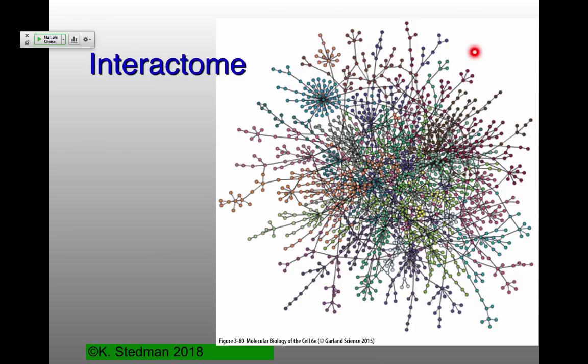But basically, any one of the dots here represents a single protein, and any line represents that it's attached to or interacting with another protein. So this dot right here interacts with that protein, with that protein, with this protein, with this protein, with that protein, with that protein. This is a relatively simple case. You've got these proteins in the middle here that are interacting with a whole bunch of different proteins.